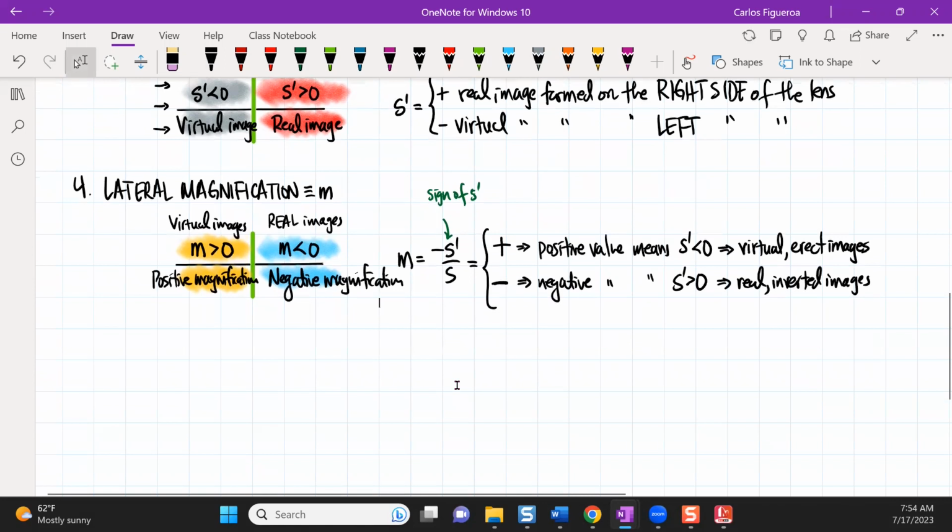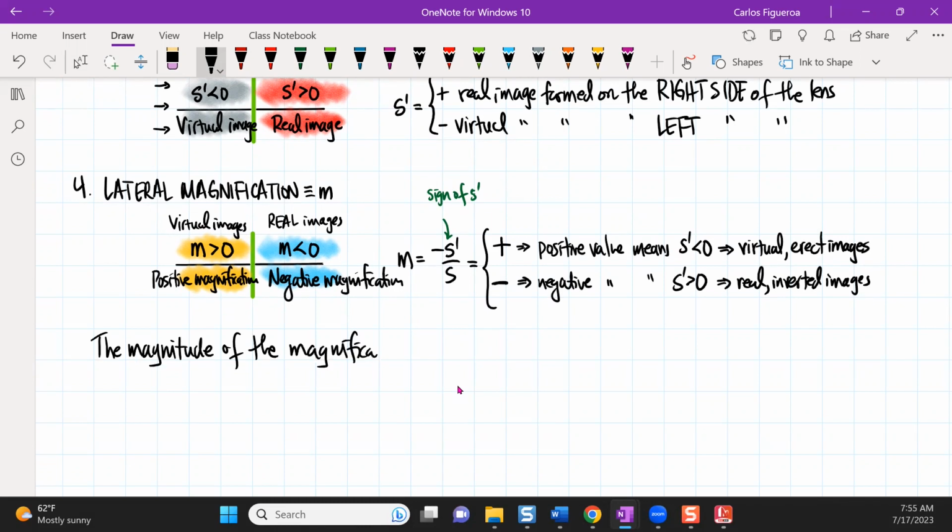So then the last thing that we want to look at here is that the magnitude of the magnification determines the size of the image.